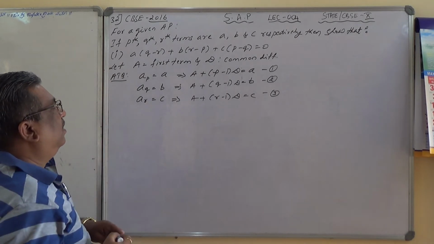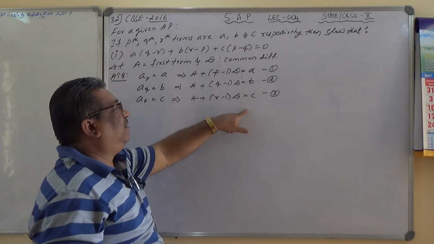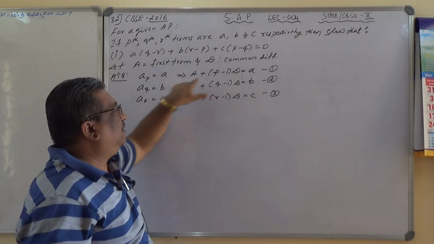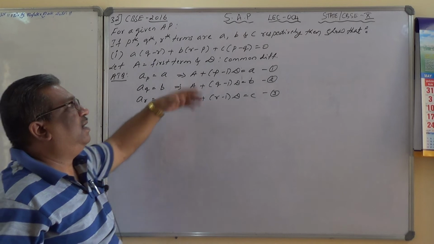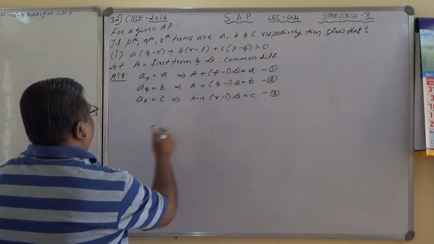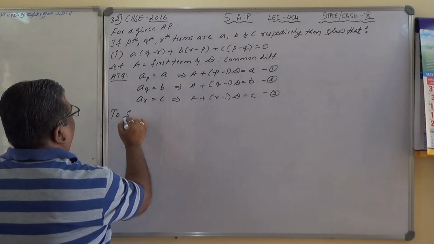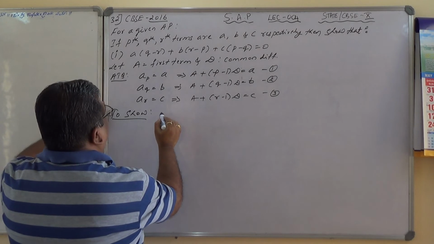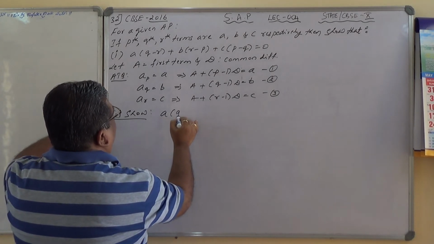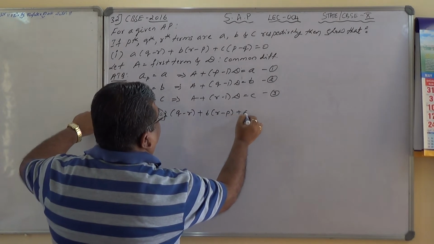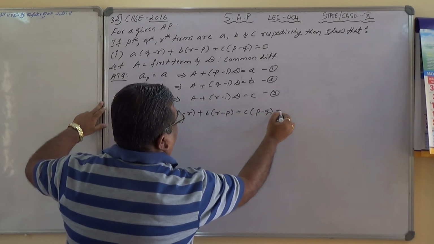What we have to do now? We know the values of a, b, c here. Take the LHS of the given equation, substitute all these a, b, c values and arrive at 0. That is what we have to do. Therefore, next, to show: a times (q minus r) plus b times (r minus p) plus c times (p minus q) equals 0.